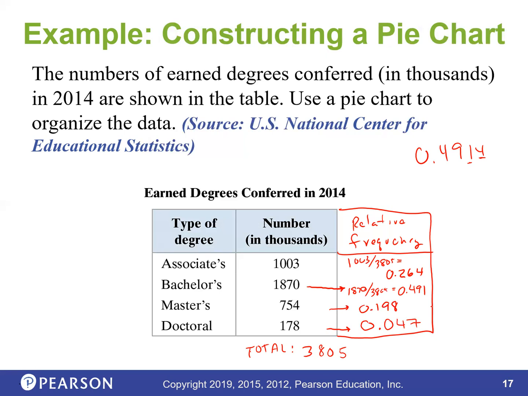We're good. One more piece here that we need to do, and we'll wrap this guy here. We need to know the angle. So what we're going to do here, we're going to write 0.264 times 360 degrees. And you're looking for an angle that makes that true.